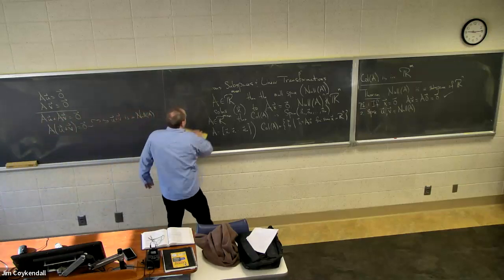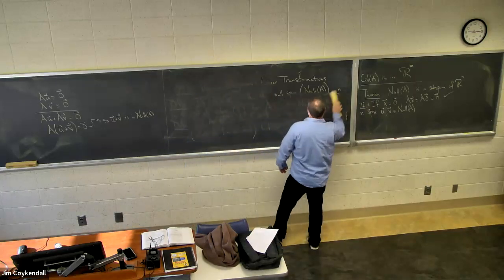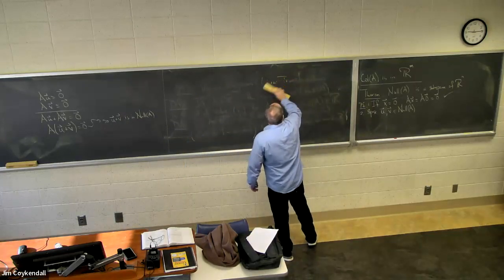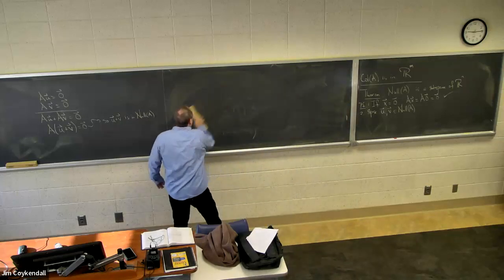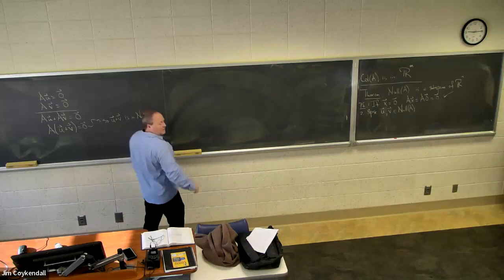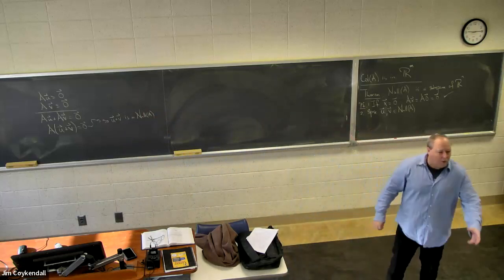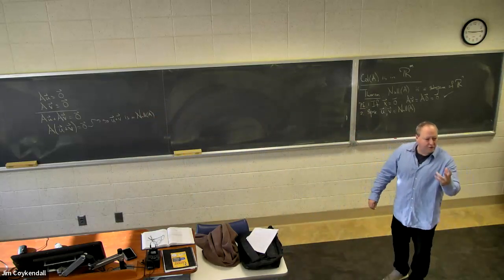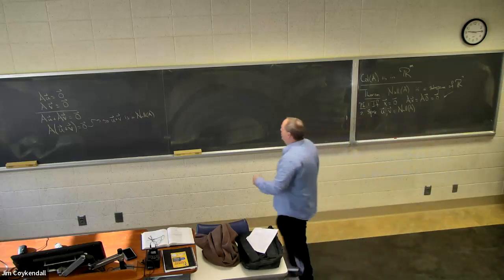Finally, if you have a vector that lives in your subspace, when you multiply it by some number, it's got to still be in there.